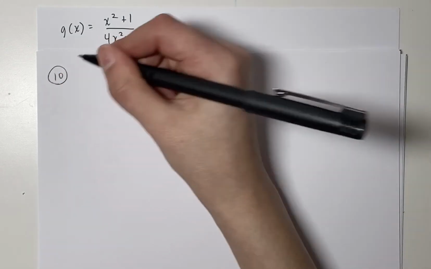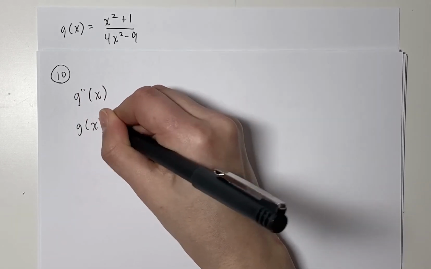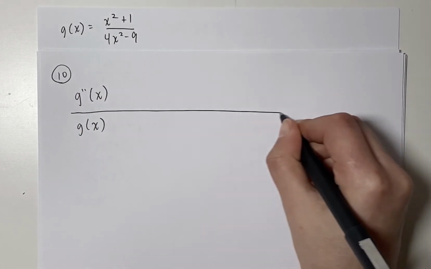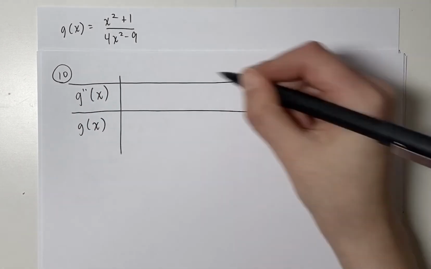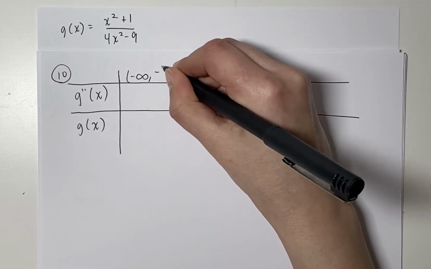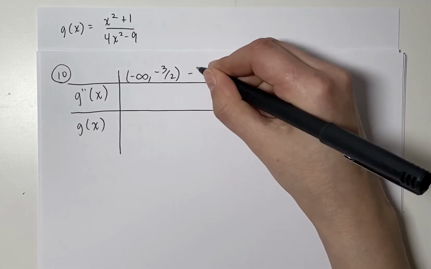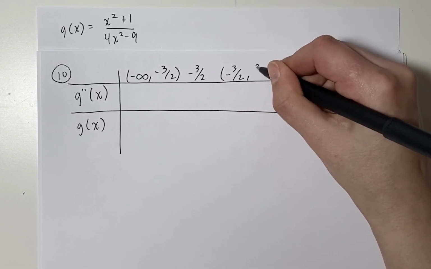So we'll draw an interval table, g double prime x, and then we have our g at x. So we have negative infinity to negative 3 over 2. We know that negative 3 over 2 does not exist. Then we have negative 3 over 2 to 3 over 2.